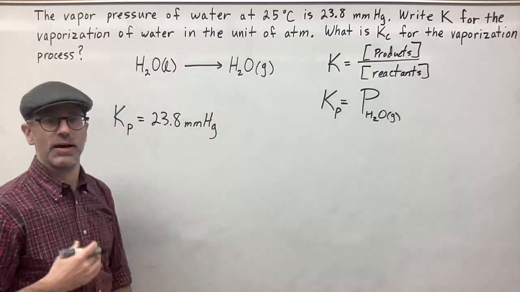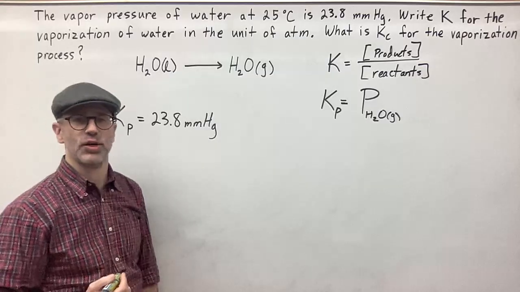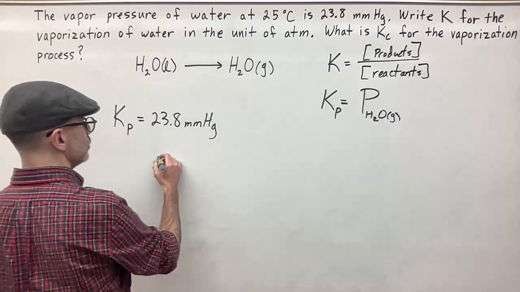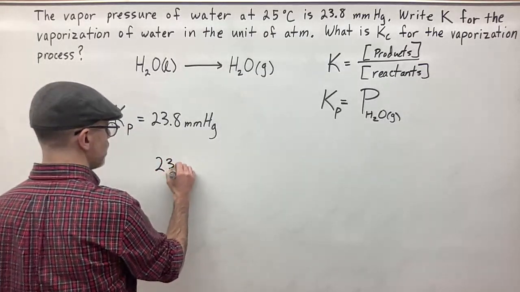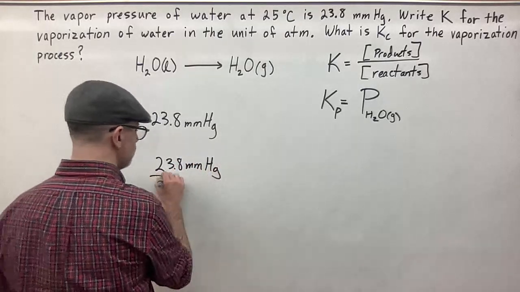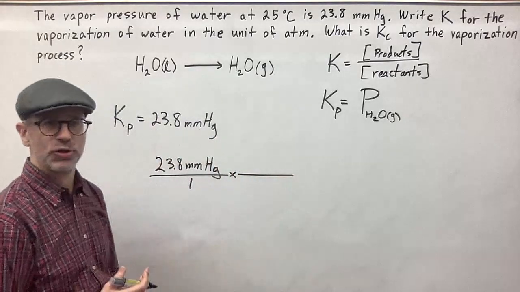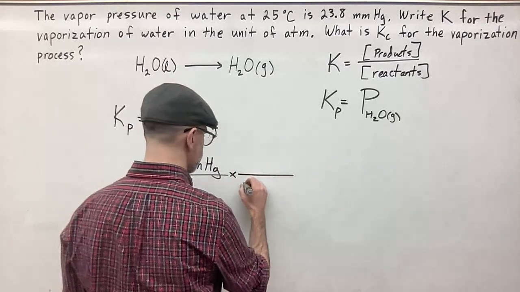However, they want us to write that in terms of atmospheres. So all we need to do is convert to atmospheres. So we'll take the 23.8 millimeters of mercury. We know that 760 millimeters of mercury is equal to 1 atmosphere, so we'll use that.